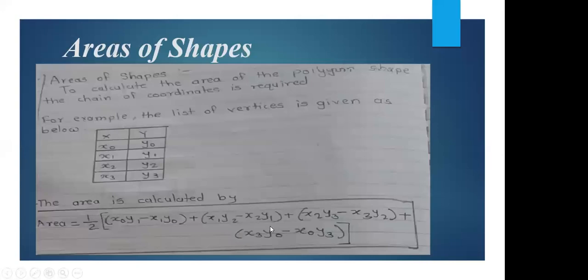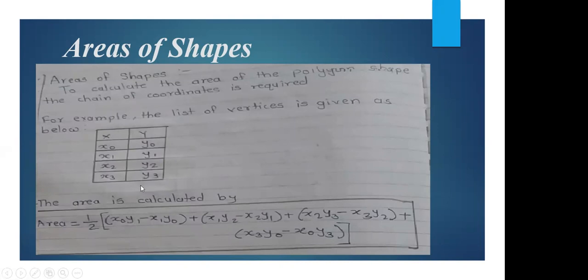Then the area is calculated by using this formula. That is, area is equal to 1 divided by 2 into x0 y1 minus x1 y0 plus x1 y2 minus x2 y1. And it continues in the same way up to your last coordinates of x and y.